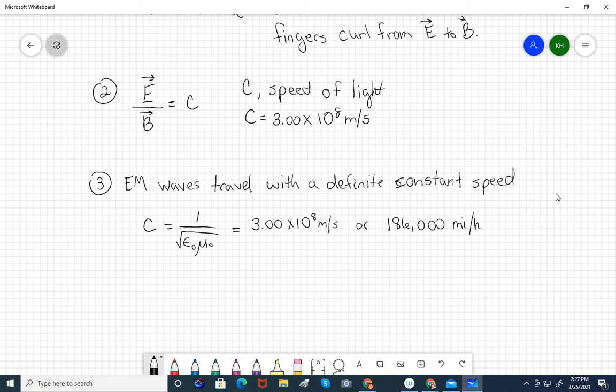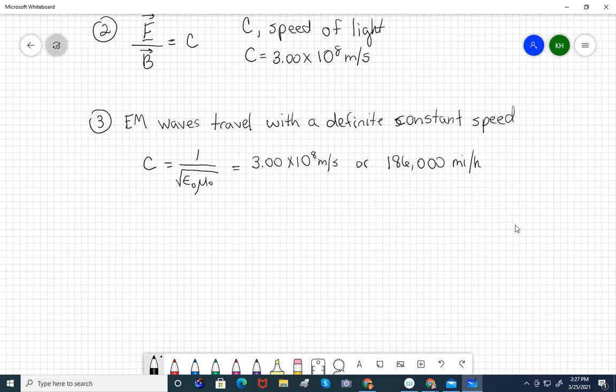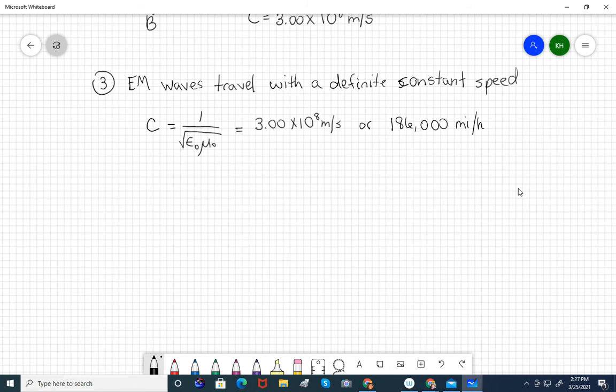Now, light can slow down, but it will never travel faster than c. c is the fastest possible speed for anything in the universe. When light does travel through other mediums like glass and water, it does actually slow down.